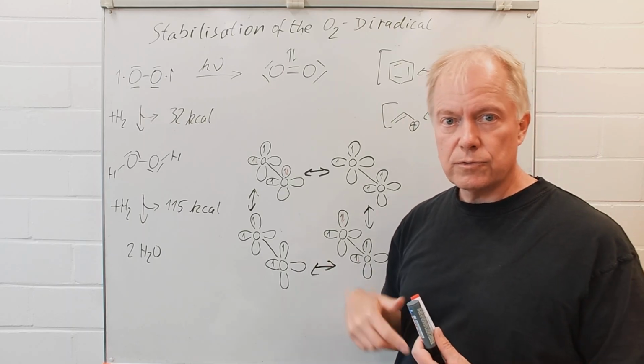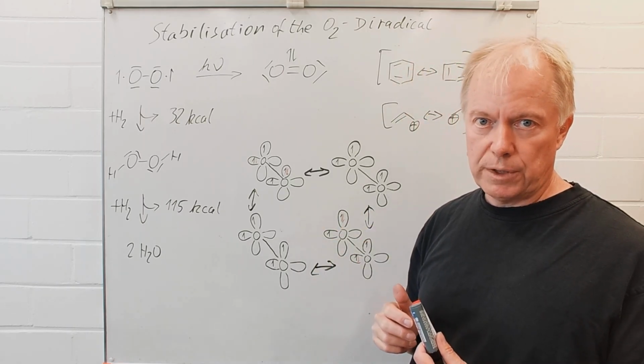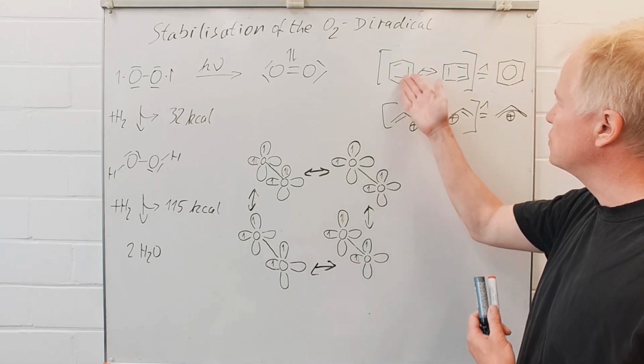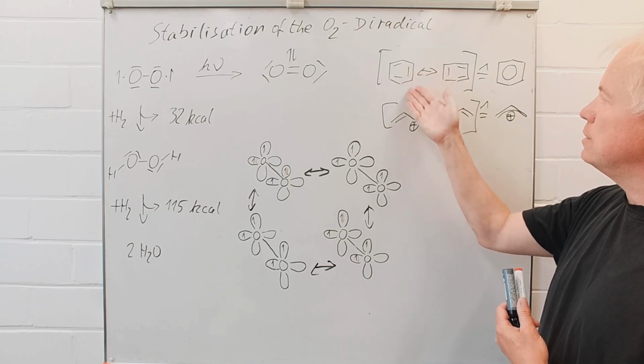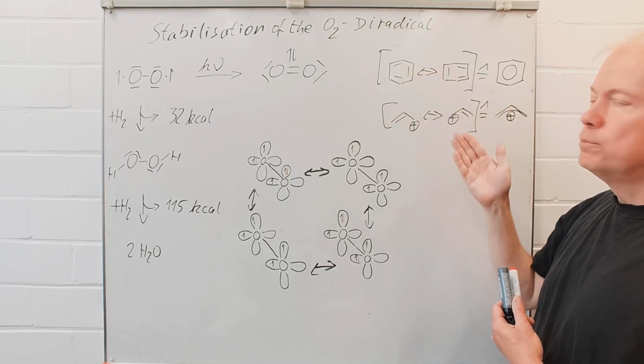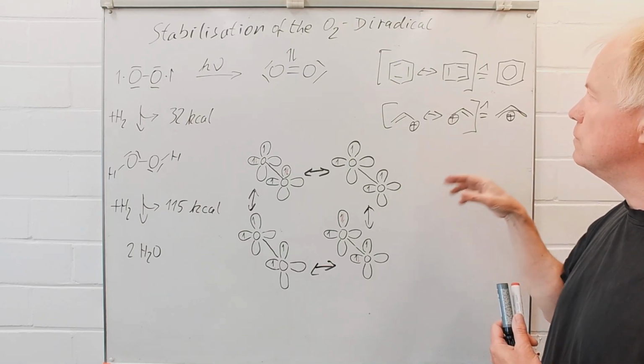Let us remember typical examples of mesomeric stabilization, for instance, aromatic systems. A benzene ring with two mesomeric structures. The truth lies in between.